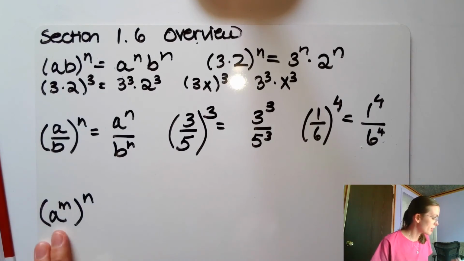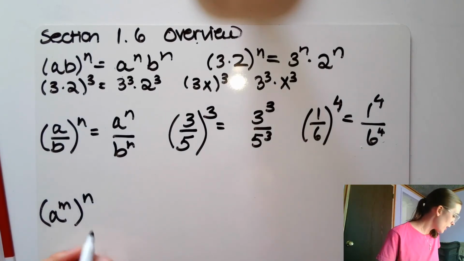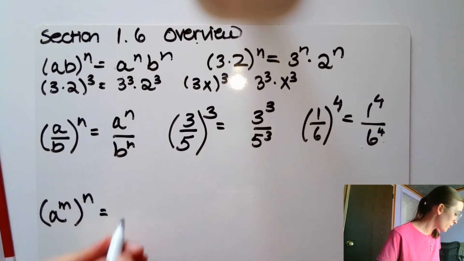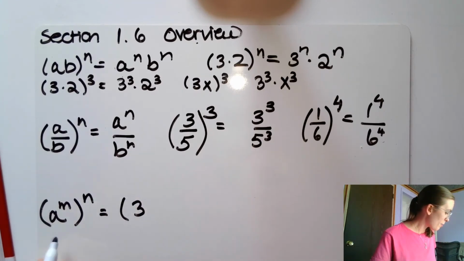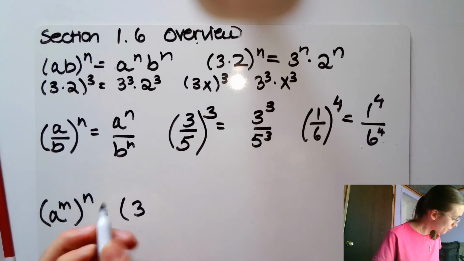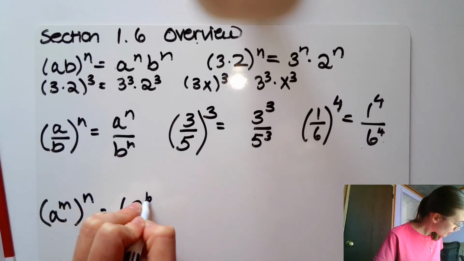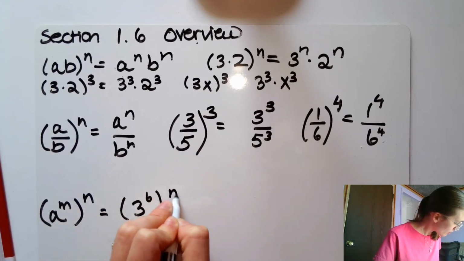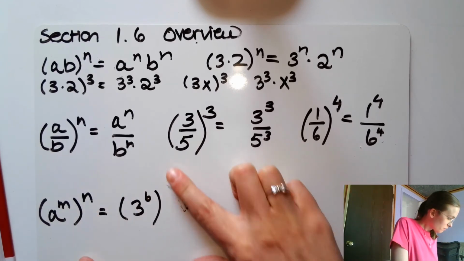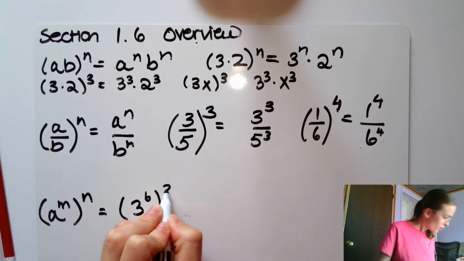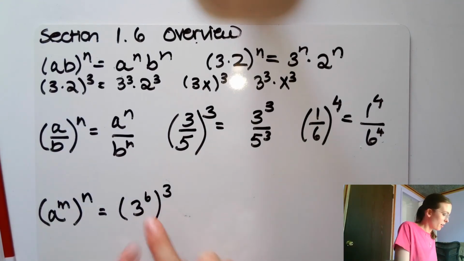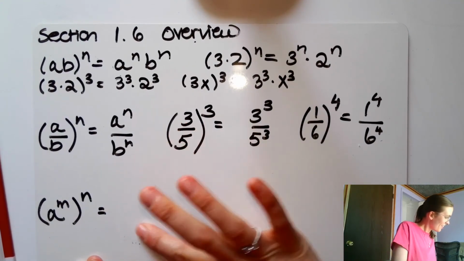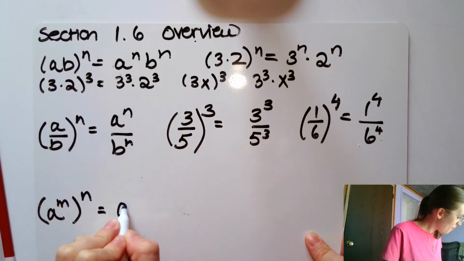For a to the m to the nth power, say a is 3, m is 6, and n is 3. I'll write out the rule first: that's a to the m times n.